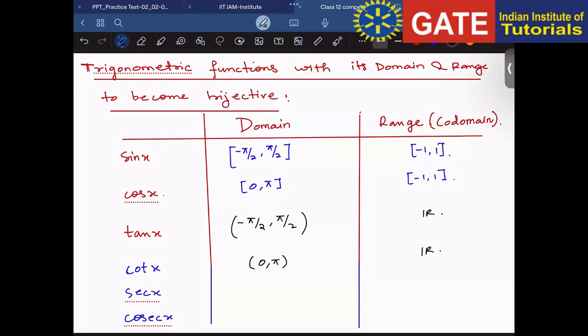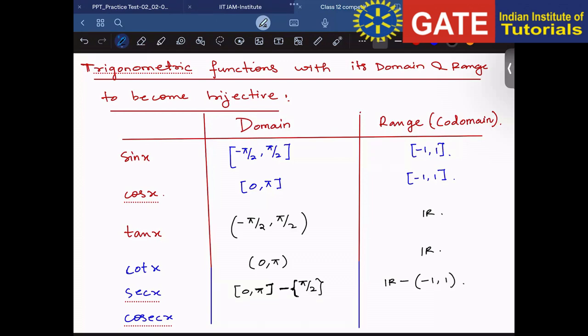So for secant x, it will be closed 0 comma pi. But at what value it is not defined? Secant pi by 2 value is not defined, because it is 1 by 0, no? 1 by 0 is infinity, not defined. So I have removed that point. Understood? And what will be the range of this? R minus the open interval -1 comma 1.